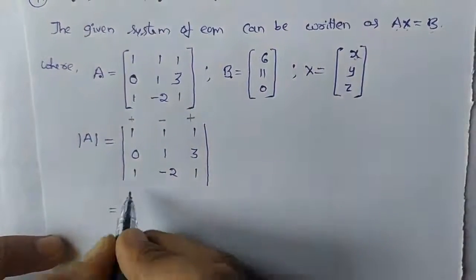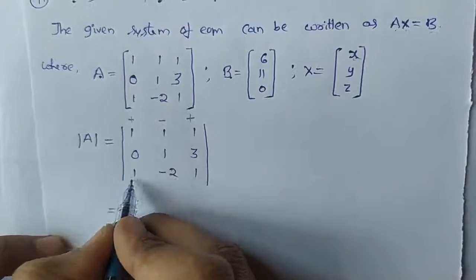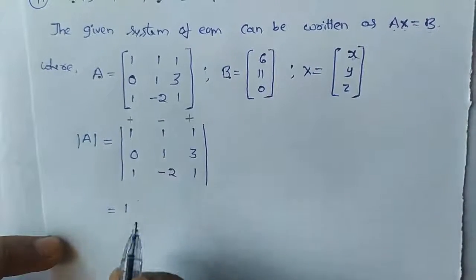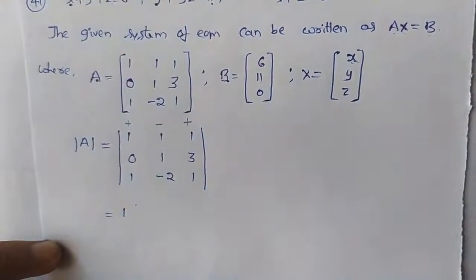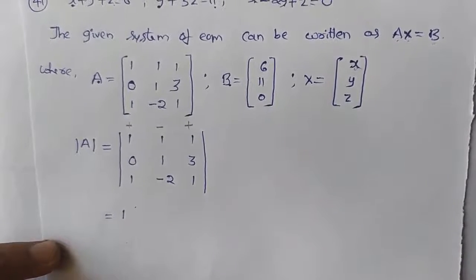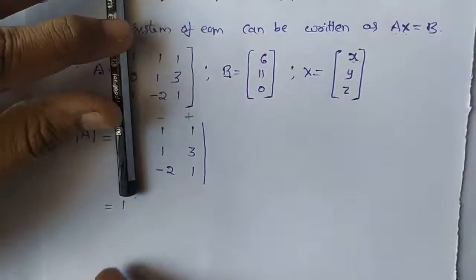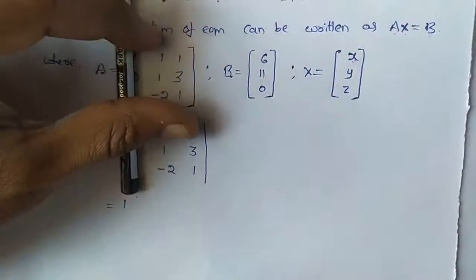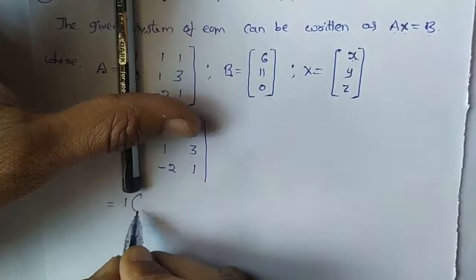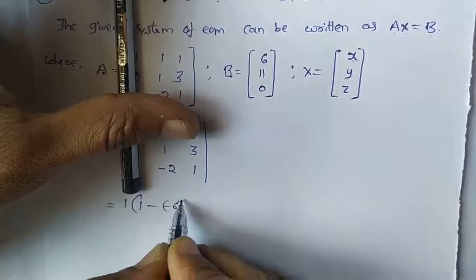That equals 1 into, delete the corresponding row and corresponding column, 1 into 1 is 1, minus 3 into −2 is −6.